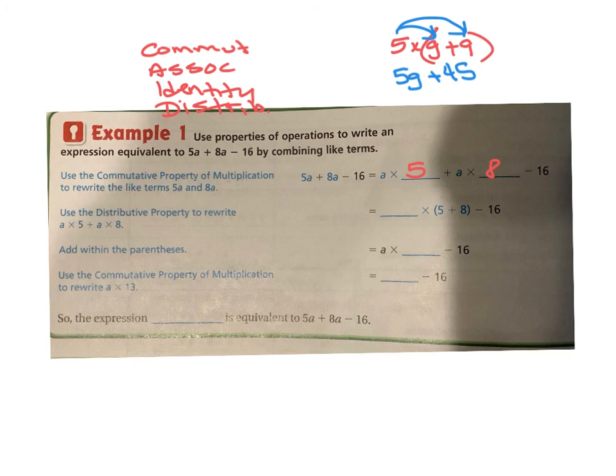And if I divide 5 out of both of them, I'm pulling 5 away from both of them. So I'll put 5 on the outside, and 5g divided by 5 just leaves me with 1g. And 45 divided by 5 is 9.